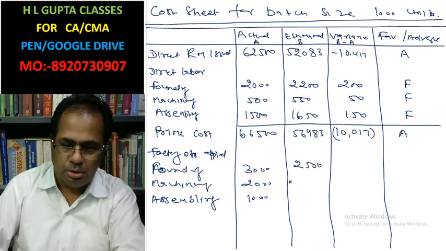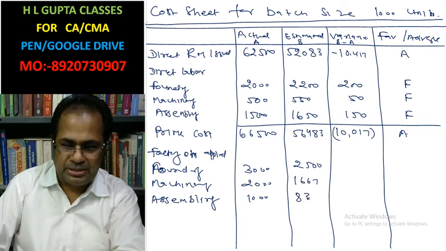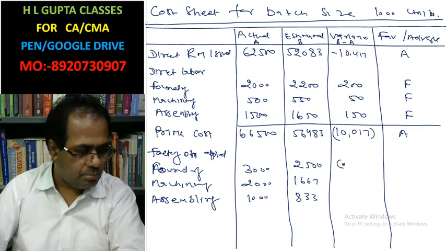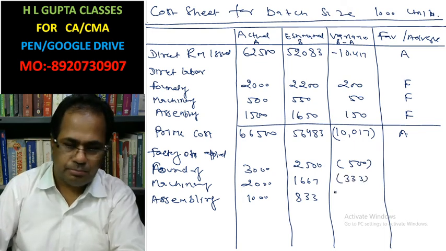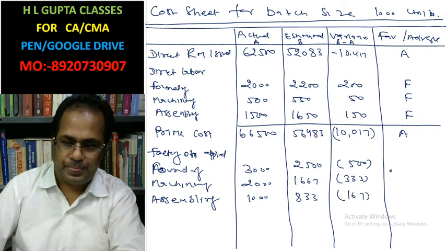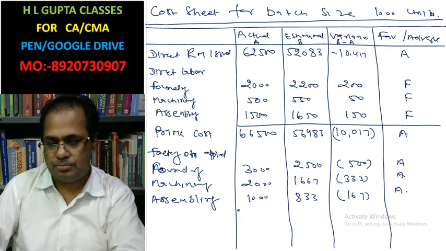Estimated 2,500, 1,667, 833. The variances are minus 500, minus 333, minus 167. This is adverse, adverse, adverse.